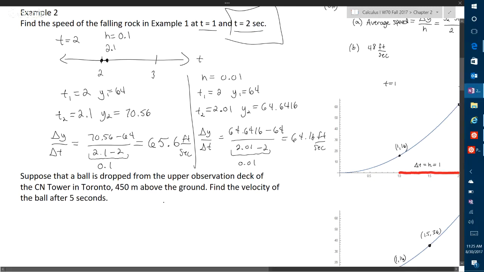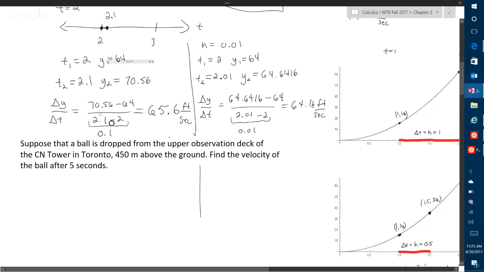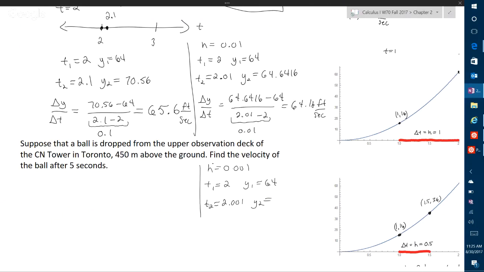And I'll do this at the bottom. t1 is equal to 2, y1 is equal to 64, t2 is equal to 2.001, y2 is equal to, let's see, when you take 2.001 and substitute it into our function, what do we get back? Do that real quick. You guys get back 64.064016.